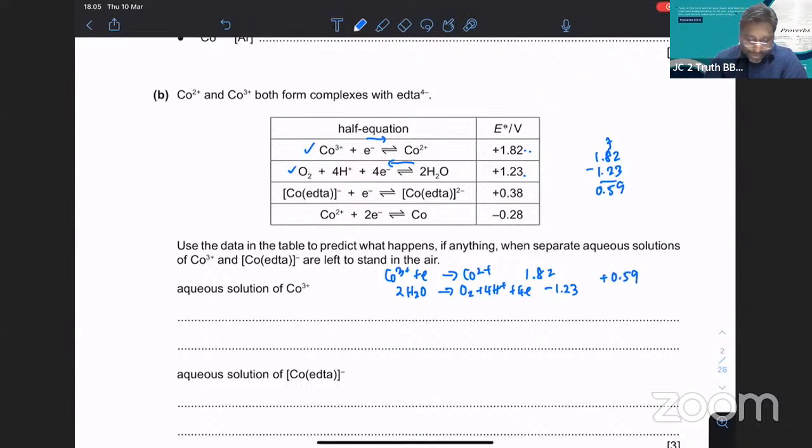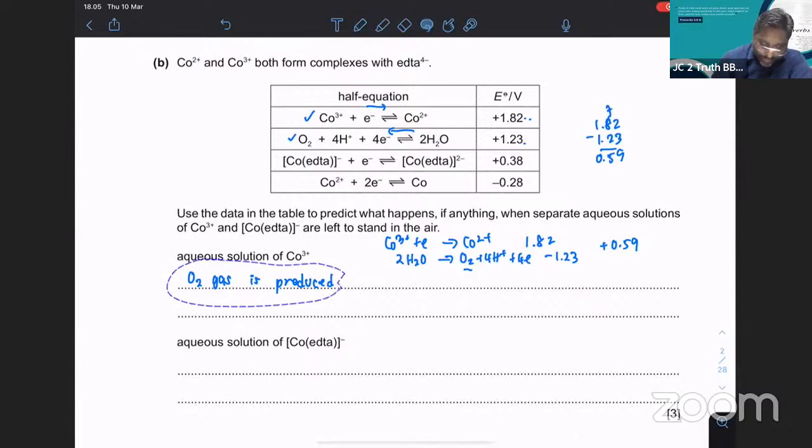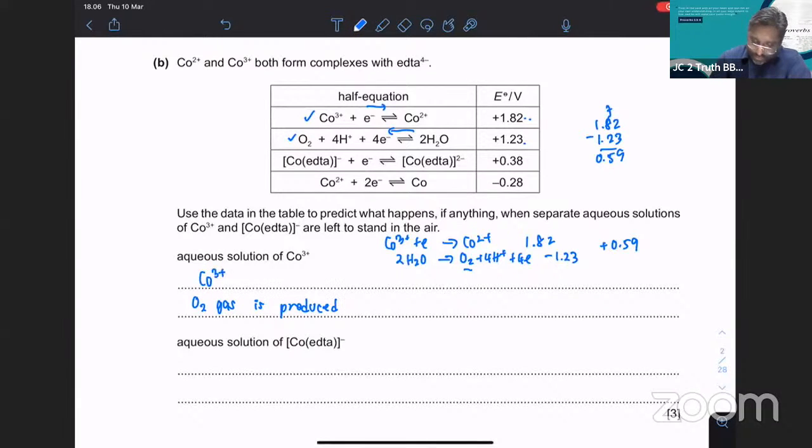So what will happen? The reaction is going to produce oxygen gas. From here I can see oxygen gas is produced. So that is the prediction. Rather than just writing it like this, you can say that Co3+ makes water release electrons, which means it oxidizes water.